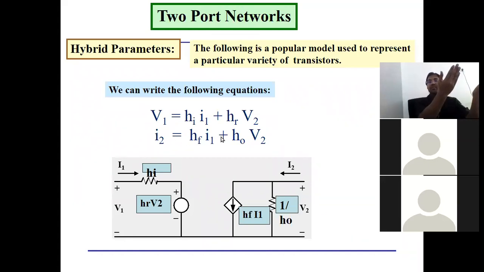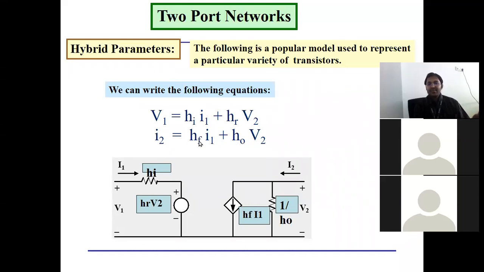Now, if you want to represent a circuit which satisfies this current equation, what should you do? You should take a node. This is my node. Now, I2, current entering. KCL says current entering the node is equal to the sum of currents leaving the node. So current entering is I2.